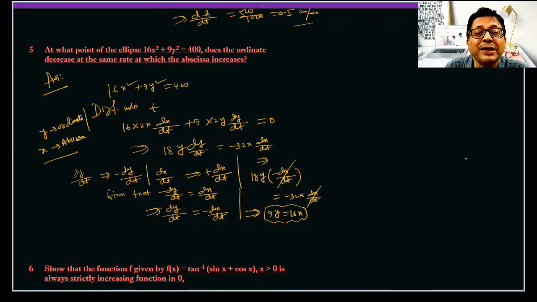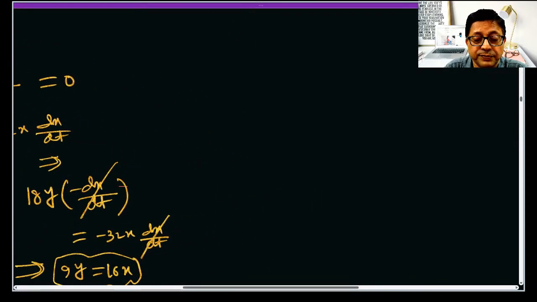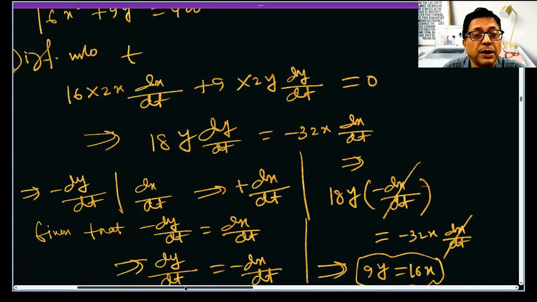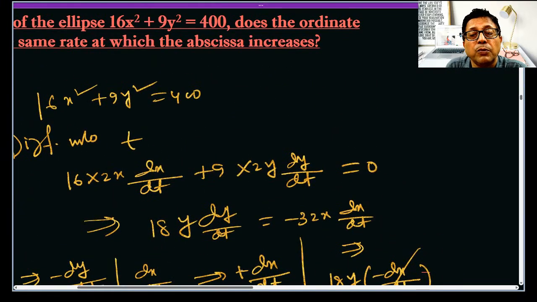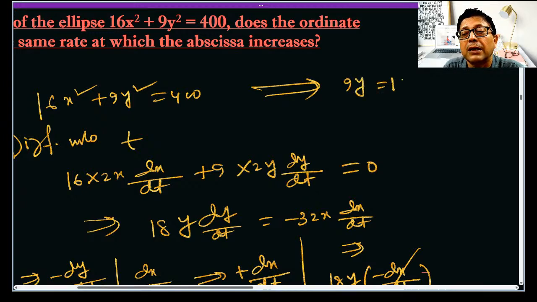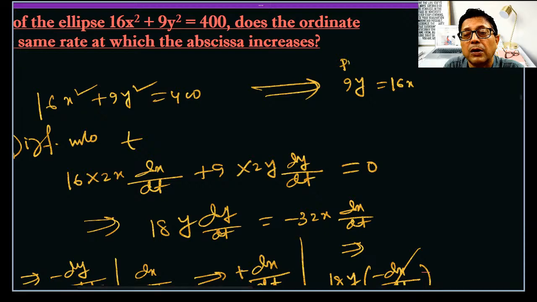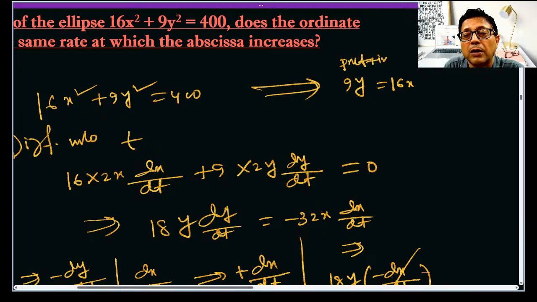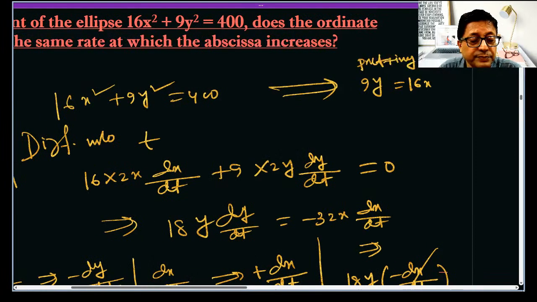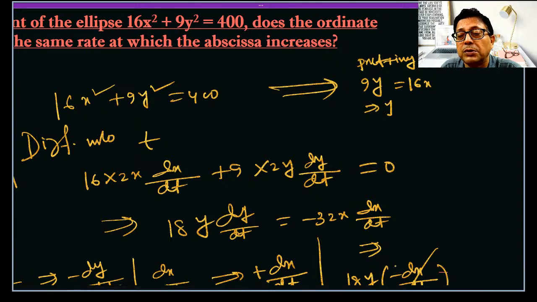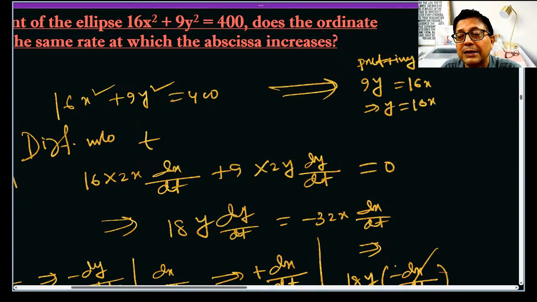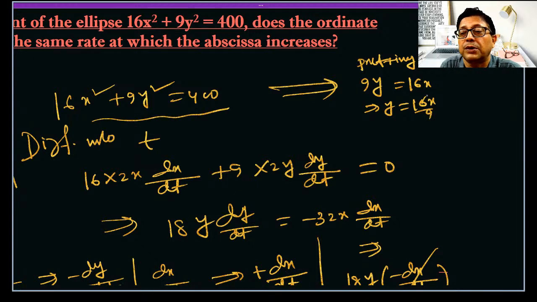You put 9y equal to 16x over there. Putting 9y equal to 16x, what will you get? It means y equals 16x by 9. Use this relation only.